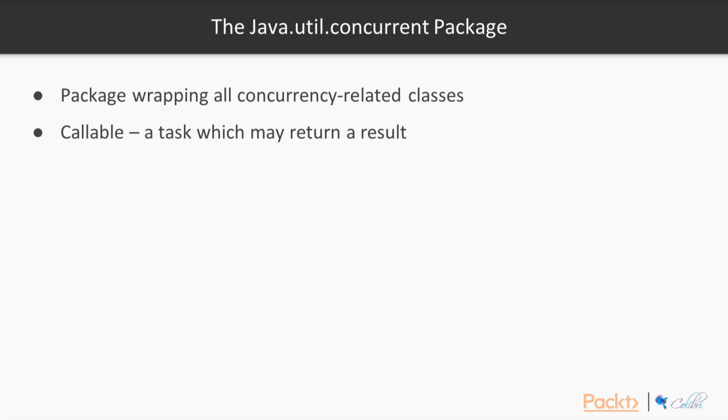Therefore, as you will see in the next few slides, its implementation will have a return statement. While not trying to jump ahead in the list, in contrast, Runnable is very similar, but without returning a result. It is only meant to execute a block of code.